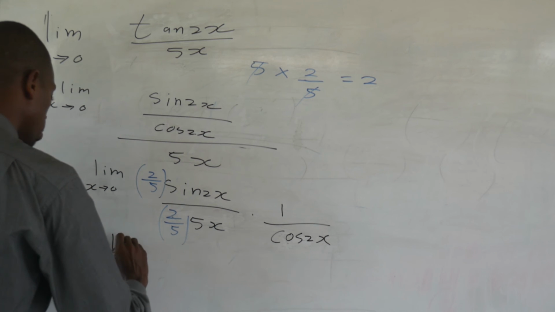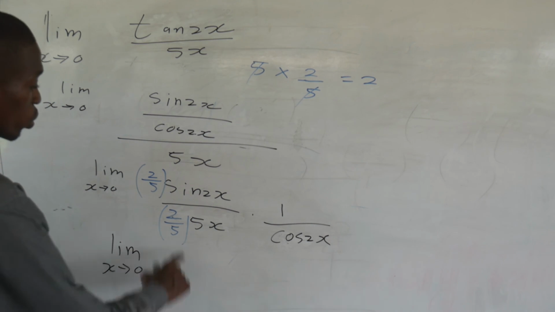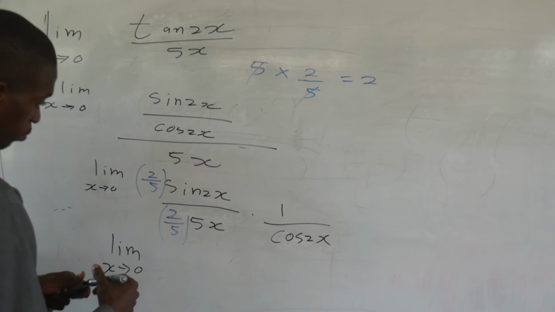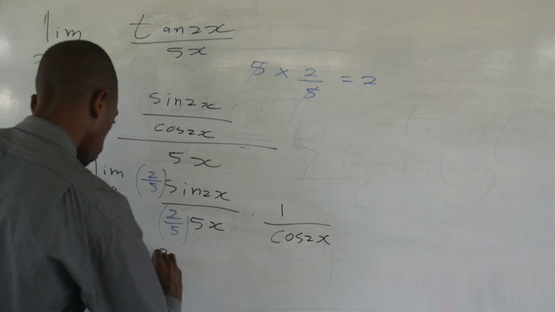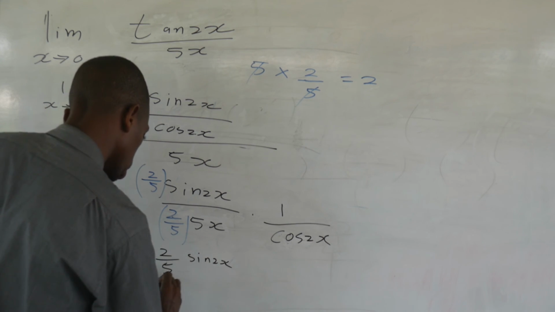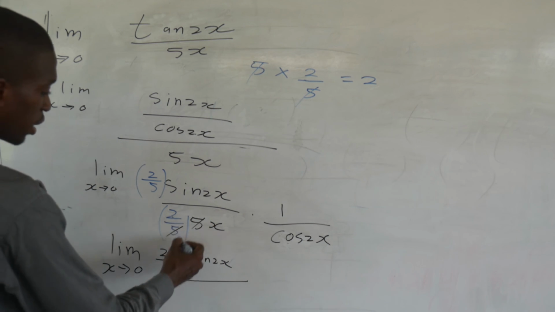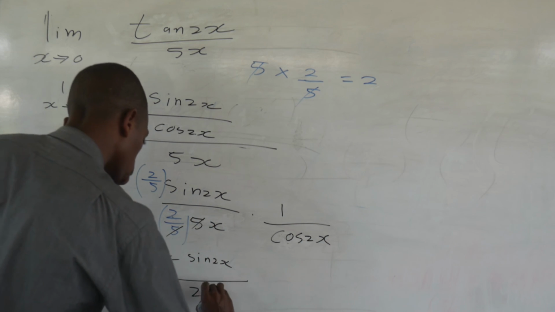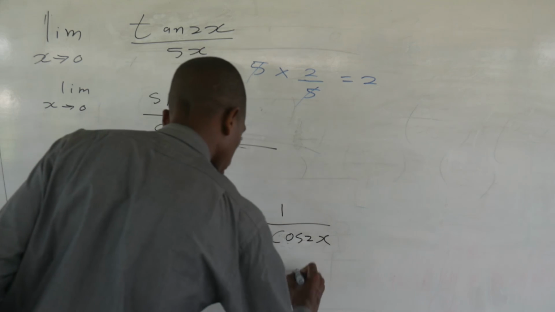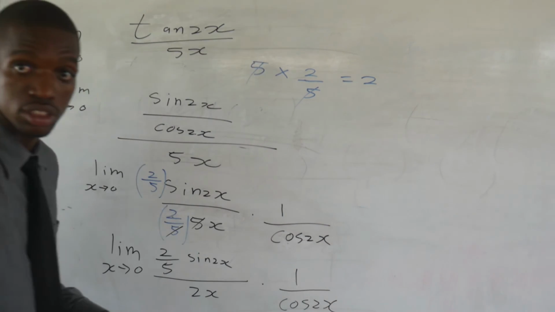So we get the limit as x goes to 0 of 2/5 sine 2x all over 2x, this goes with that, multiplied by 1 over cos 2x.